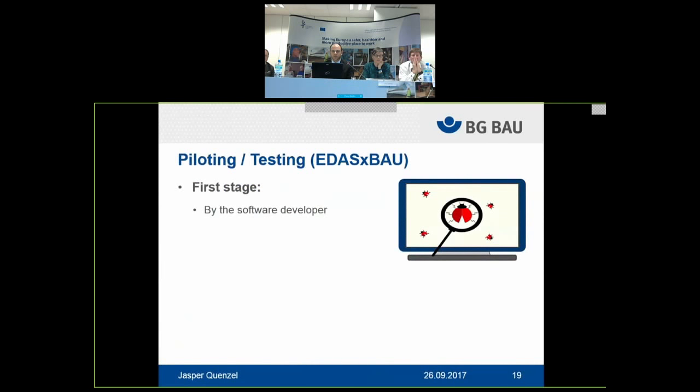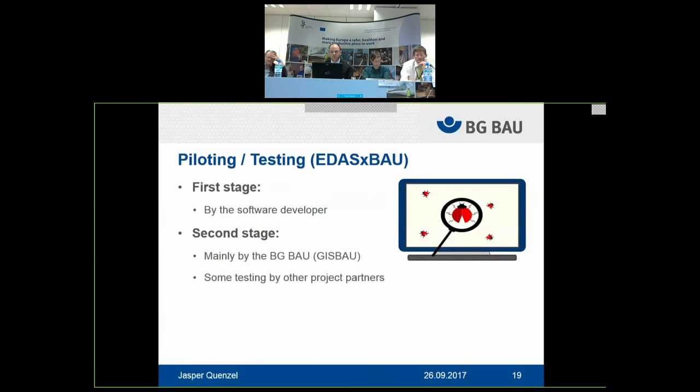What about the piloting? The piloting was done in 3 stages. The first stage was done at the software developer. They just developed their software and tested it themselves. In the second stage, the software developers sent examples out of their system to us, and we did some basic testing, looked for bugs, and checked the compatibility with our own system.